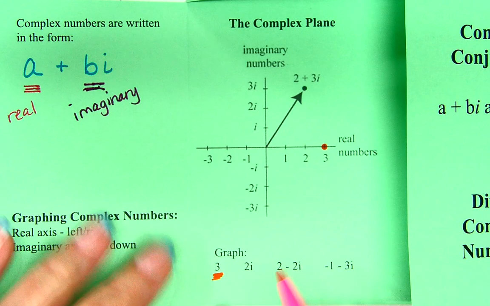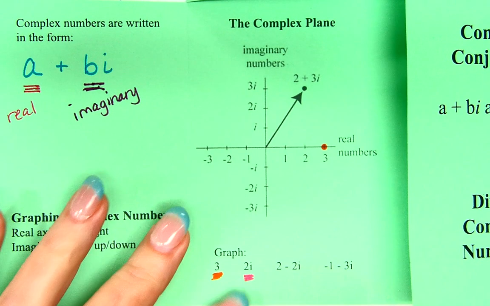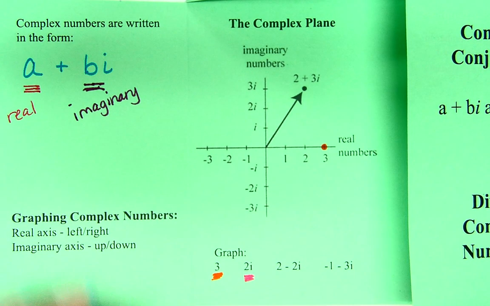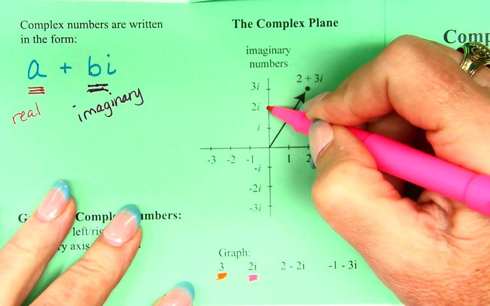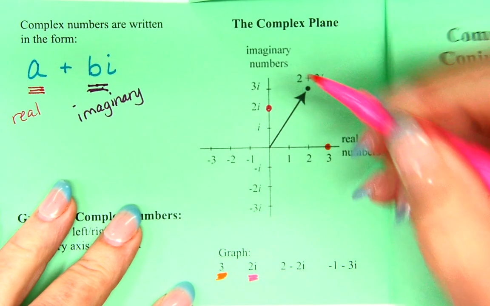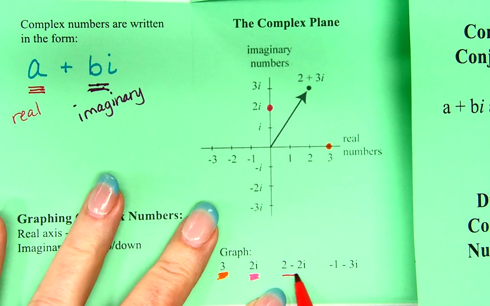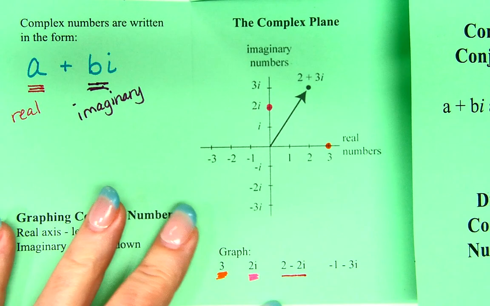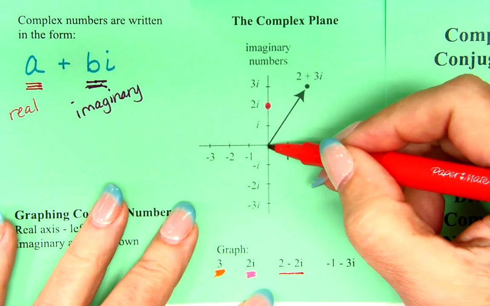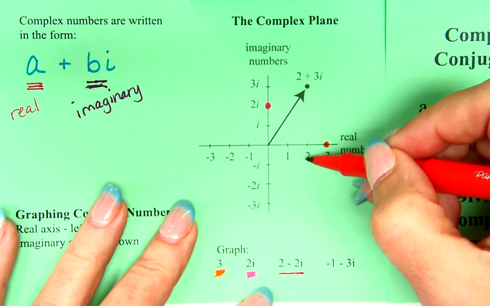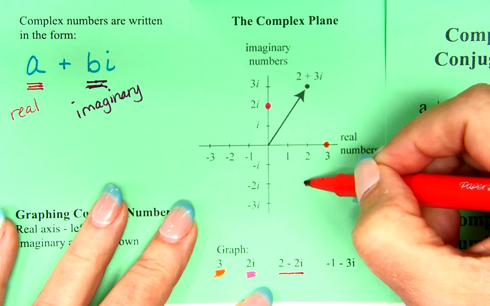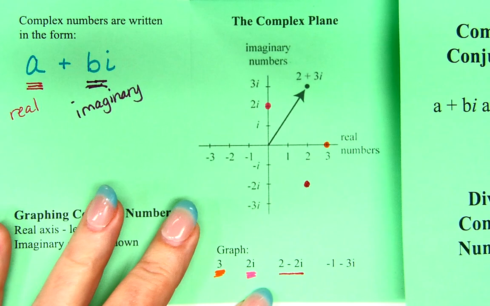What about if I'm trying to graph 2i? Where am I going to go for that? Just up on this imaginary axis to 2i. So what if I'm trying to graph 2 minus 2i? That's that point right there.